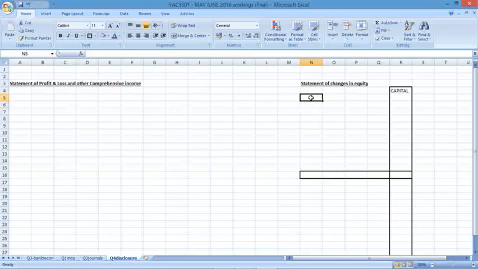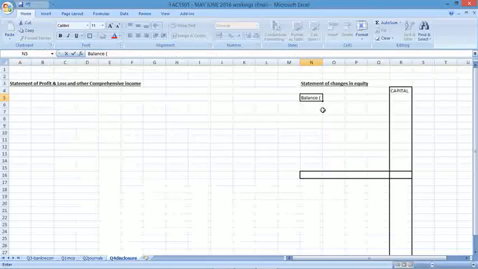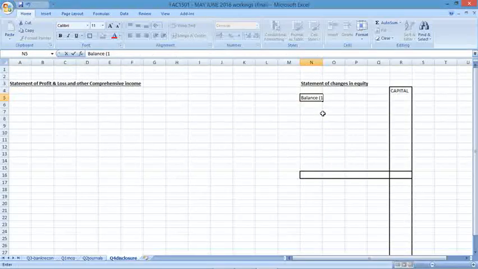Okay, and then you'll have an opening balance, so balance, the year end was 30 June 2015, so this will have been 1st of July 2014. Okay, and then the balance, 30 June 2015, close brackets. Alright, so that's the format.